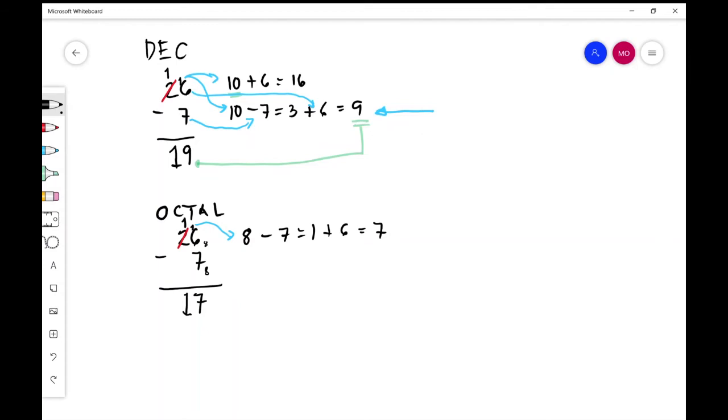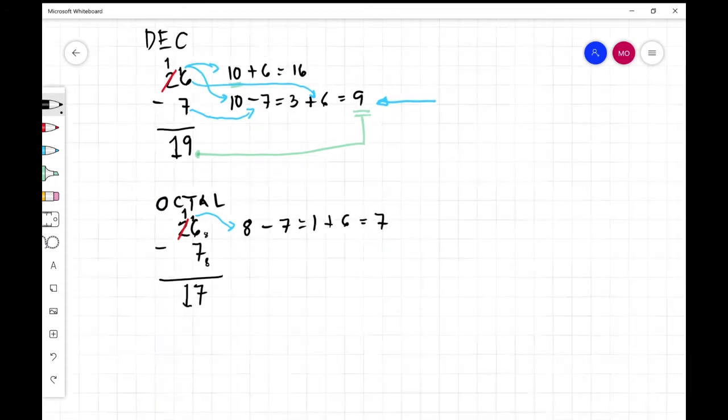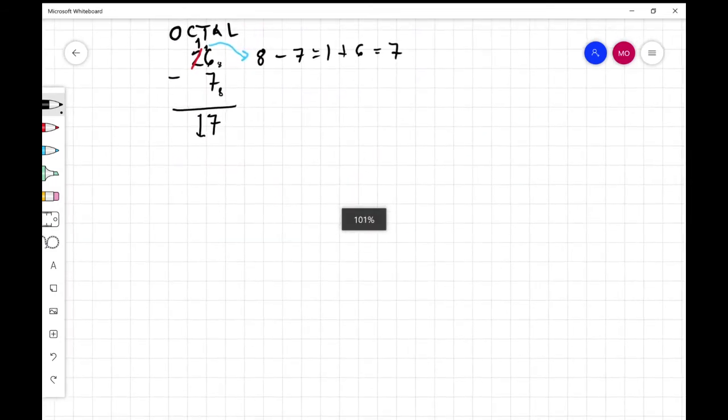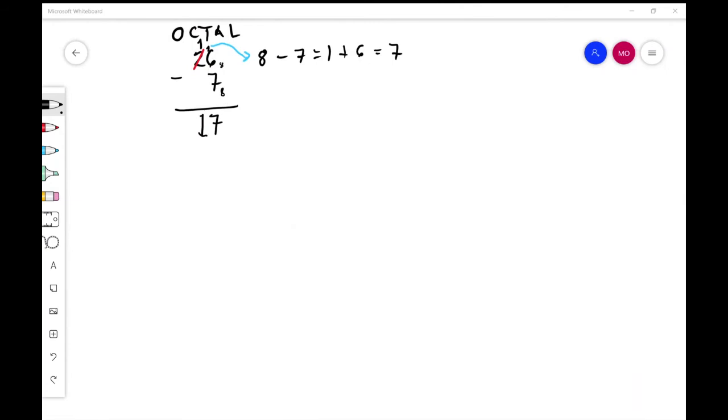To make it clearer, let's have another example. Let's say we have 53 minus 15. Still in octal, so 3 minus 5 cannot be. We borrow 1 from 5, that becomes 4. And the 3 becomes 13. To expound it, that 1 there is base 8 minus 5, you get a 3.